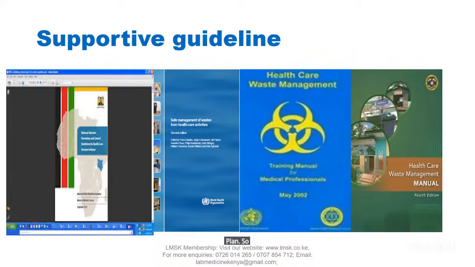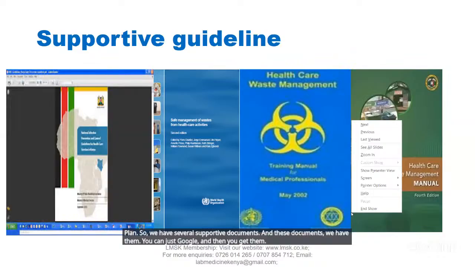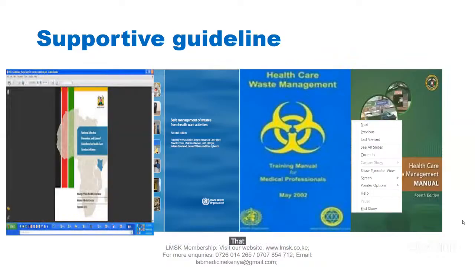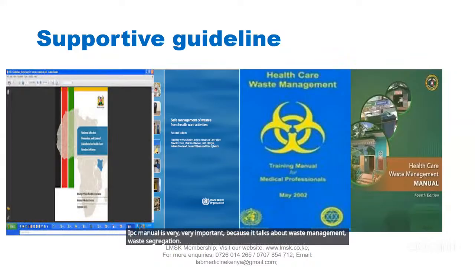We have several supportive documents, and you can just Google and then you get them. They are very important documents that can help us. For example, we have the IPC manual. The IPC manual is very, very important because it talks about waste management, waste segregation, infection chains, nosocomial infection.